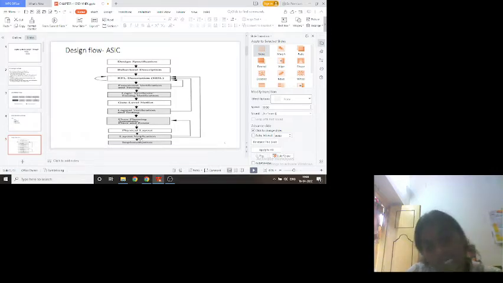If there are any errors, it goes back to modify the floor planning, the placement of the blocks, or the routing and interconnects, until we achieve the necessary physical layout implementation and verification.